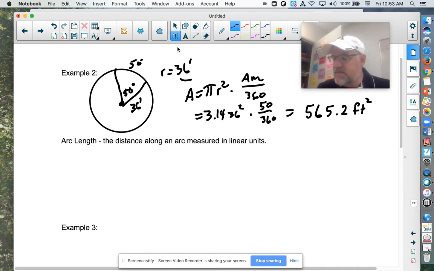And again, the key piece is knowing that there's a relationship. There is a way to figure out arc length. Come back to your notes when you need it. But here is the formula of arc length.